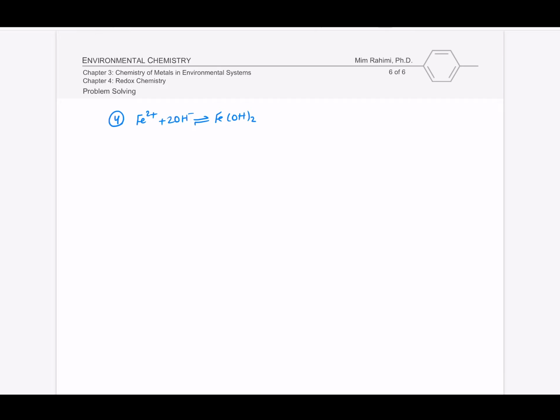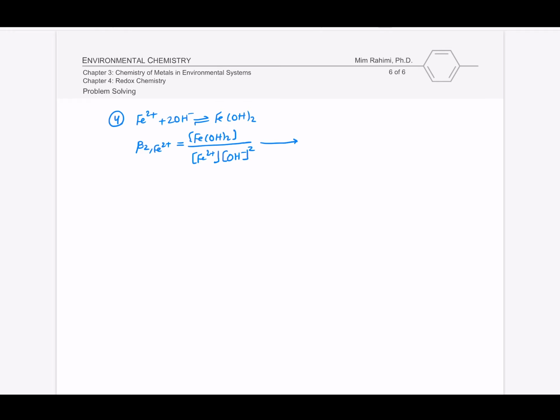This is represented by beta 2 of Fe2+ equal to FeOH2 divided by Fe2+ times hydroxide to the power of 2. Again, I'm ignoring that Fe2+ part.